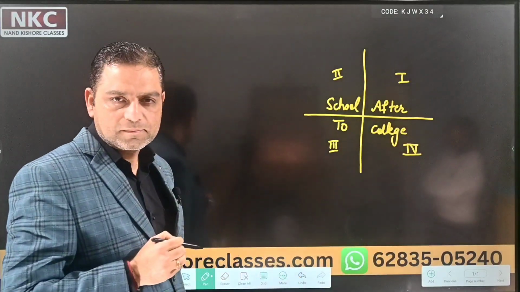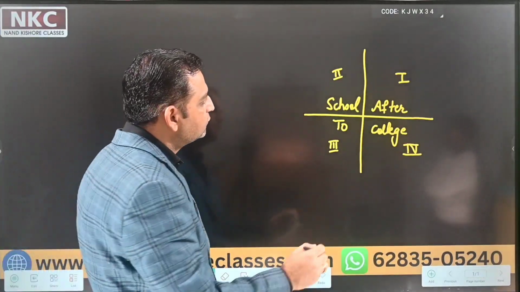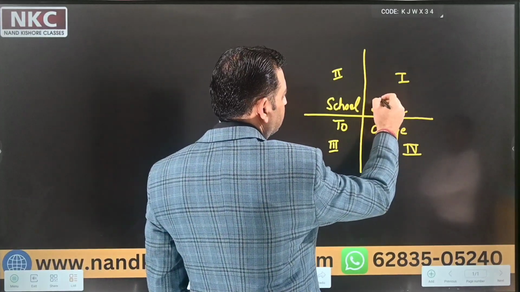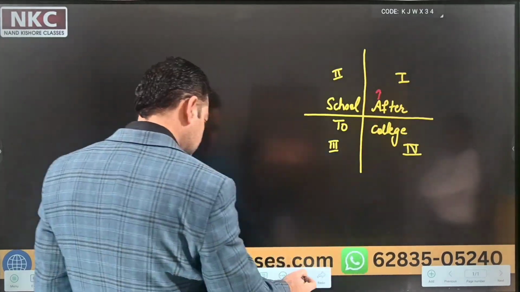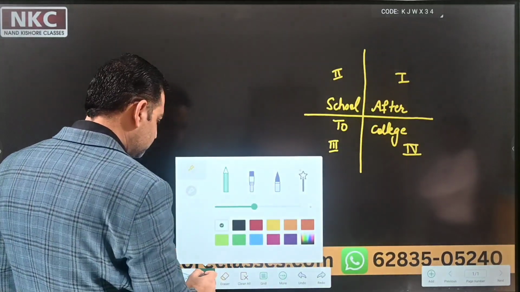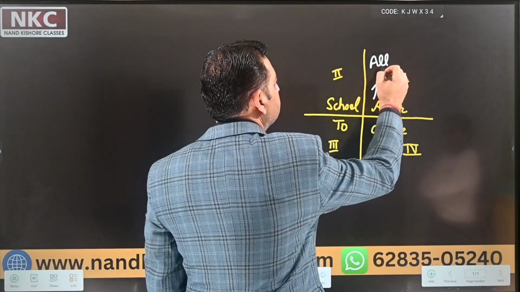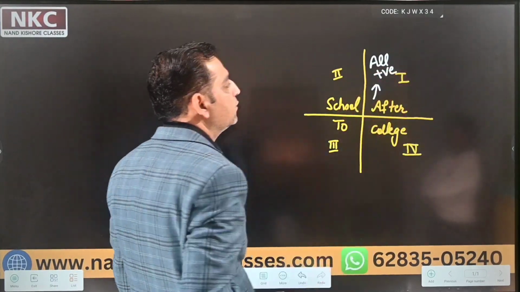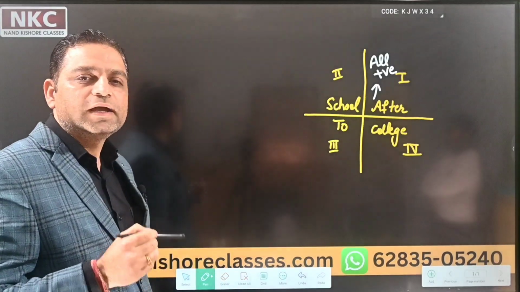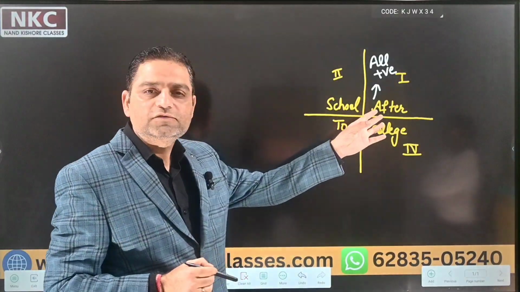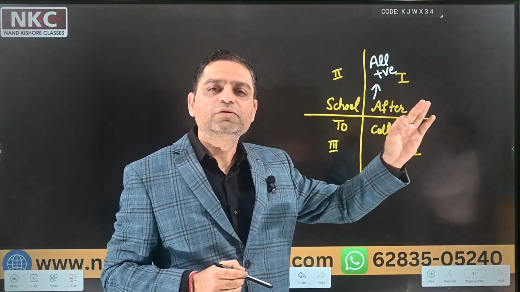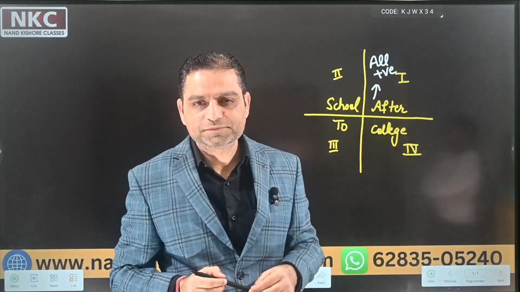What does that mean? Look at the first letter A. I'm talking about A only. A means all, positive. That means the value of any trigonometric ratio, if it comes in the first quadrant, is going to be all positive.